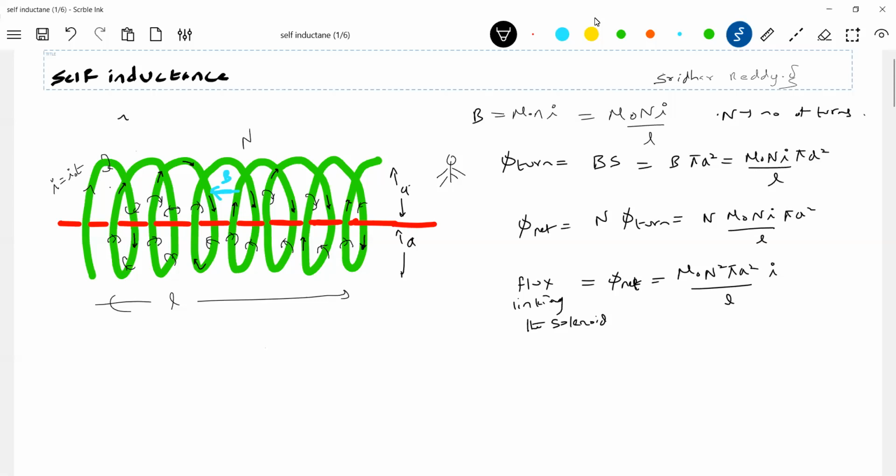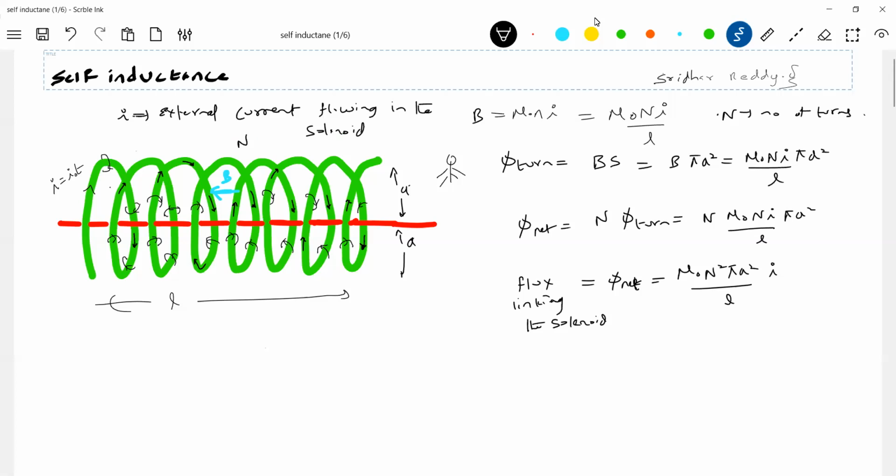So what is I? I is the external current flowing in the solenoid. Is that okay? Now look at this current. Is it constant or variable? I call it I naught t, a variable current.